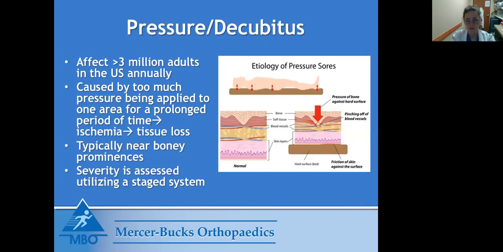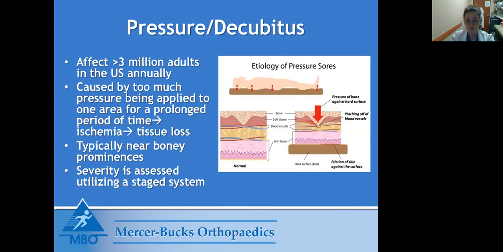Finally, I wanted just to mention pressure or decubitus wounds. They affect more than 3 million adults in the US every year. That again is a little bit of an older quote; I would say it could be more at this point. They are caused by too much pressure being applied in one area for a prolonged period of time.